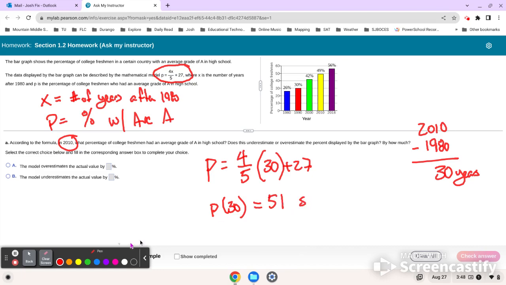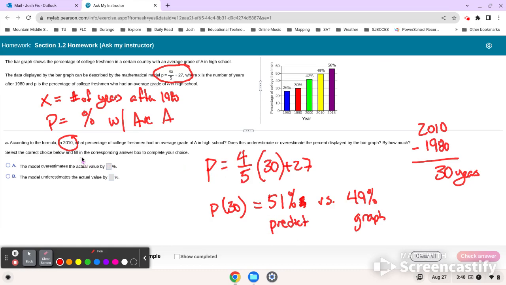So for 2010, that's this guy right here, we have a comparison of 49 versus 51. 49 is from our graph, and 51 is our prediction from the formula.